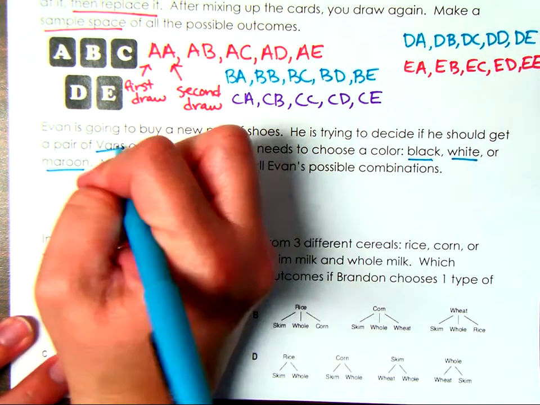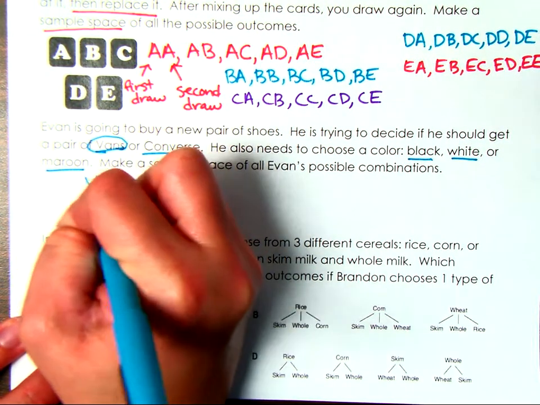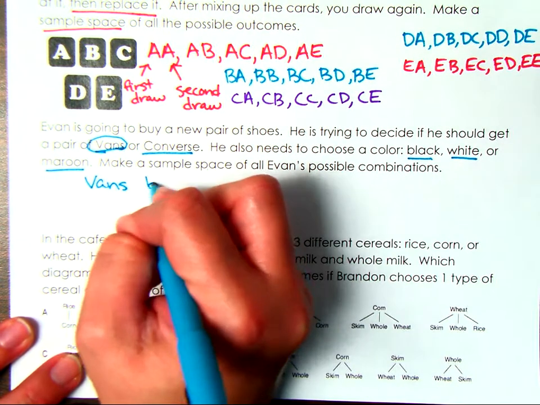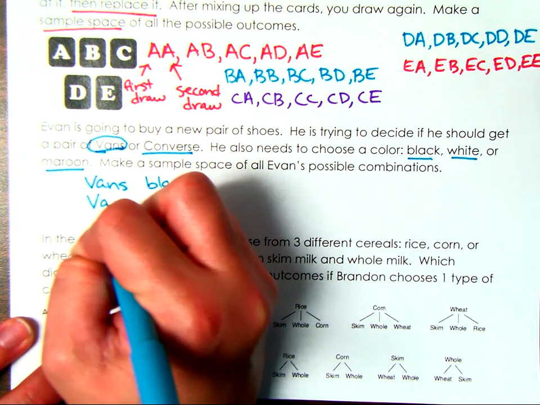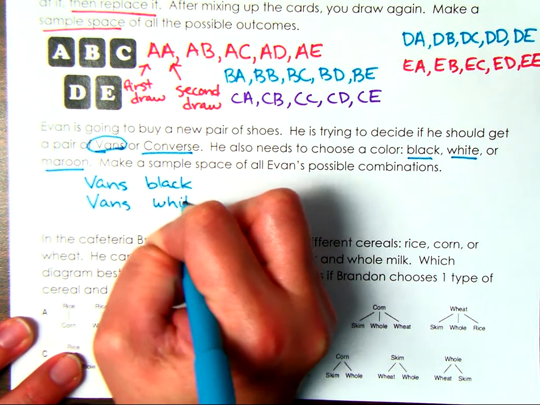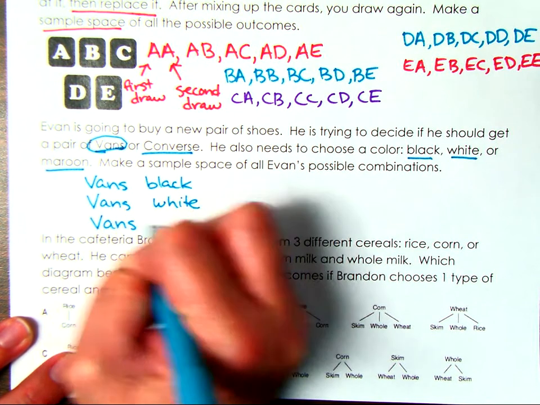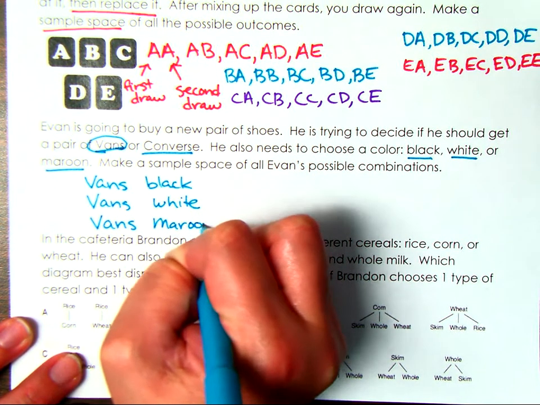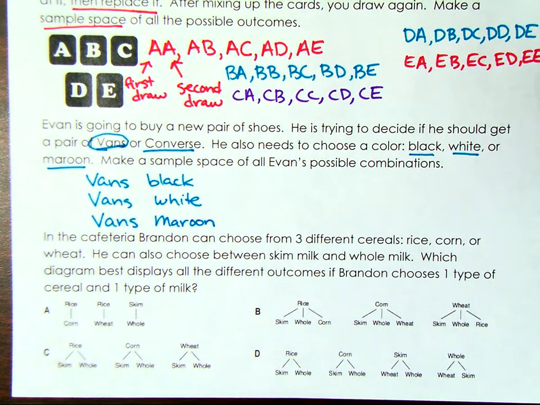Okay, well, he could get the pair of Vans, and he could get them black. He could get the pair of Vans and get them white. He can get the pair of Vans and get them maroon. So those are all of his combinations for Vans.